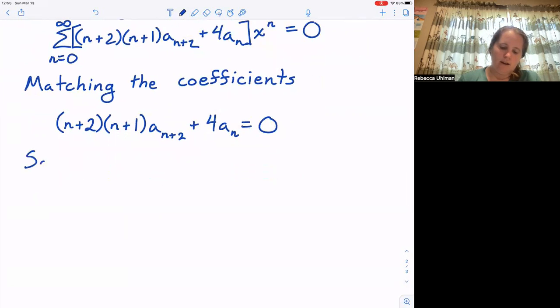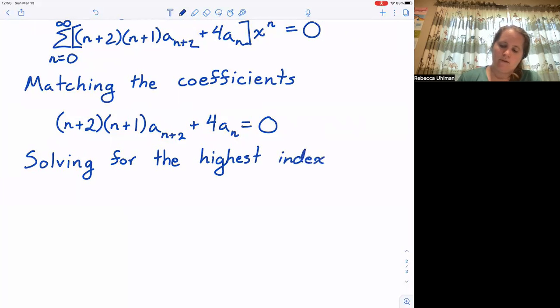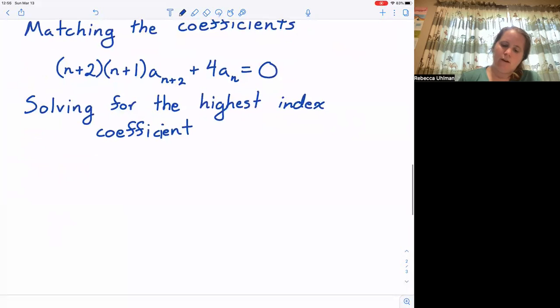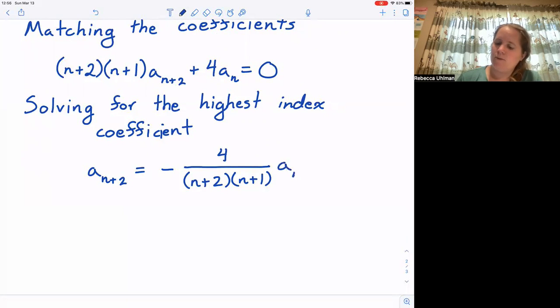And solving for the highest index coefficient, we have a sub n plus 2 is equal to negative 4 over n plus 2 times n plus 1, that whole fraction multiplying a sub n.